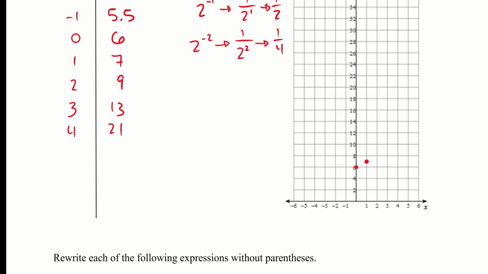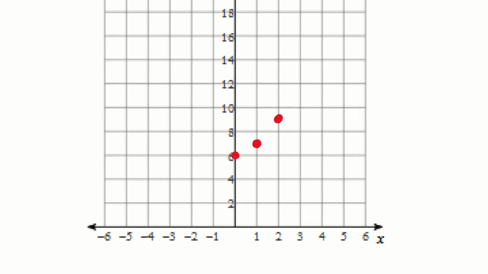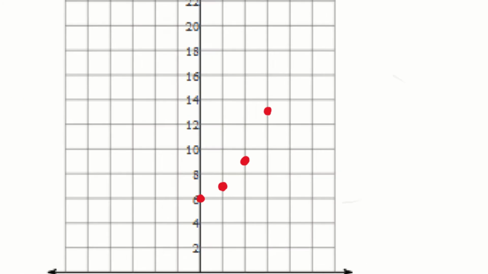At 2, I'm supposed to hit the number 9. At 3, I'm supposed to hit the number 13. So 3 is going to 13. And then finally at 4, I should be hitting the number 21.